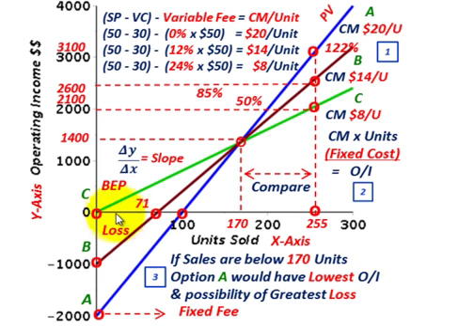So remember, you don't want to run any losses. If you sell less than that 170 units, up until the point where you start generating losses, option A is generating less operating income than option C. Okay, so that's the only point you want to make here.